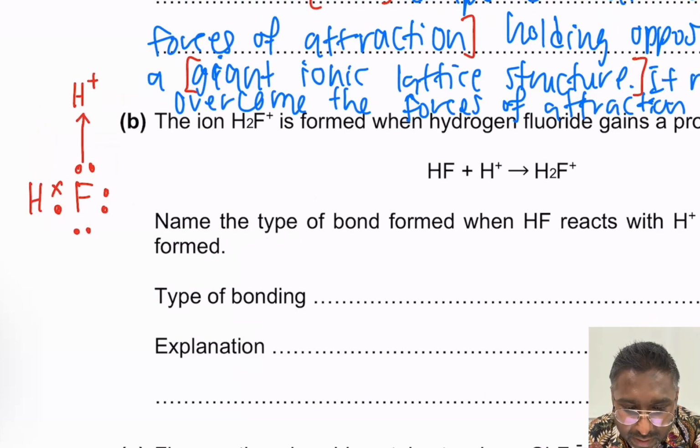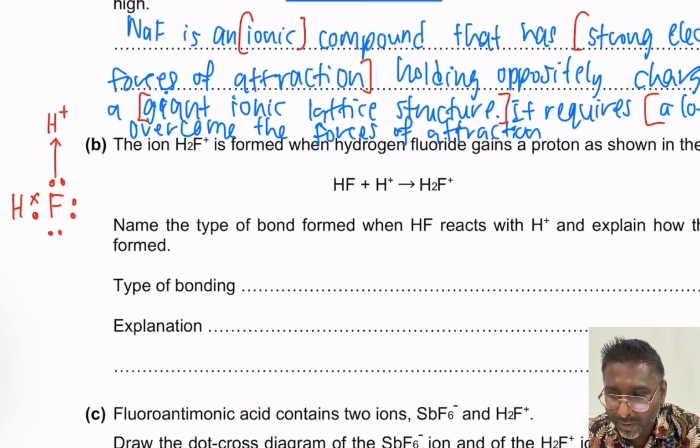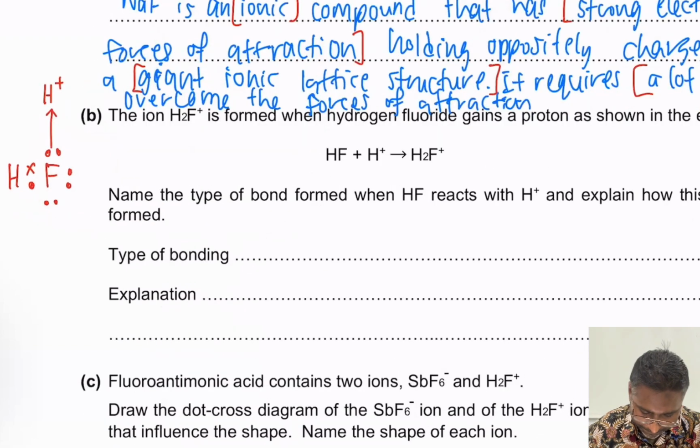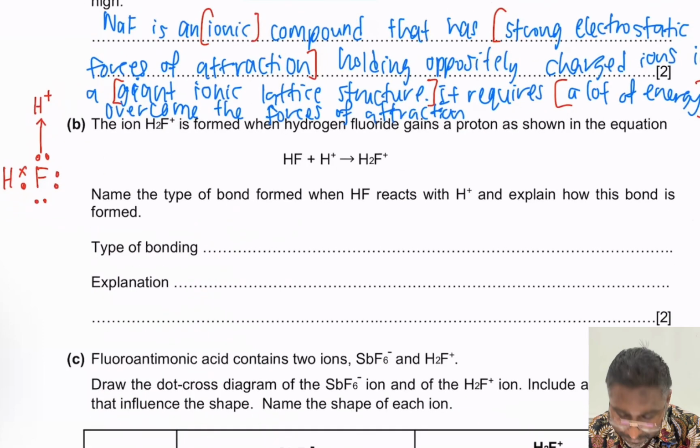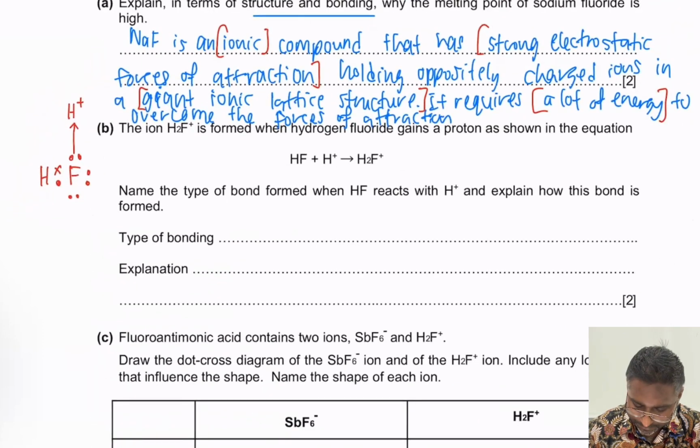So what is this type of bonding, Olivia? Sharing of electrons, where you share the pair of electrons. Hurry up, guys. Jolene, okay. Ishana wants to answer.